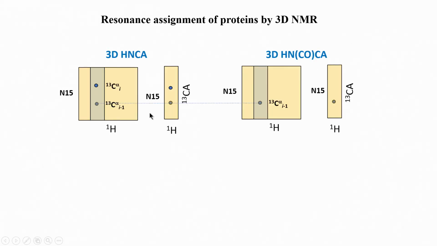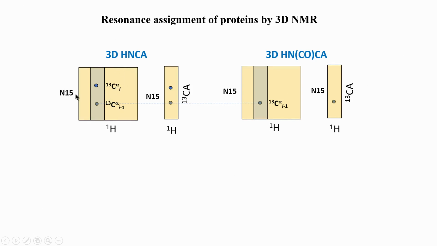So, now we looked at the very simple triple resonance experiments earlier, that is HNCA and HNCOCA. So, we will use these experiments as an illustration of how assignment is carried out to start with, then we will move on to more difficult or complicated experiments. So, first is HNCA, what information do we get?